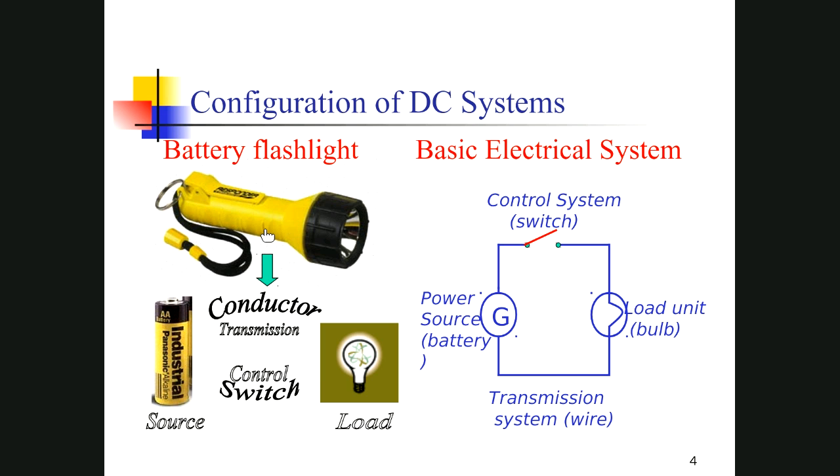I think all of you have used a flashlight in the past. If you take apart the flashlight and open it, you will find that it has at least four functional components. The first one is the battery. We call it the electricity source.